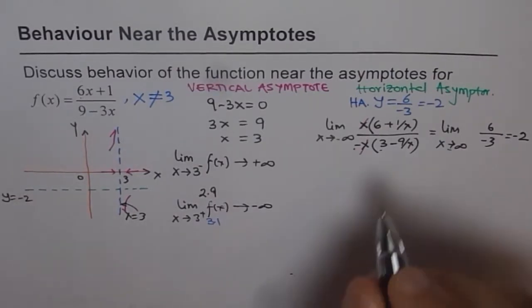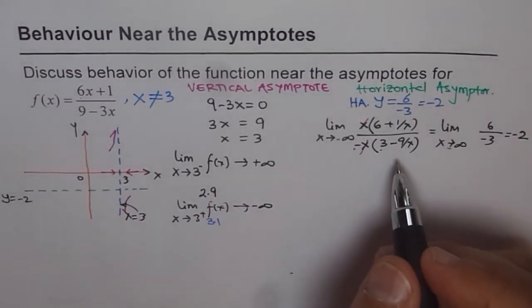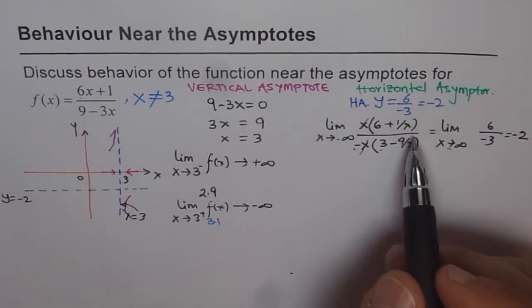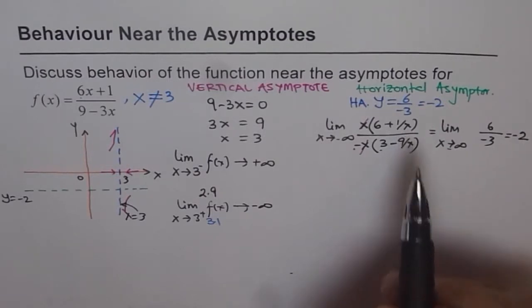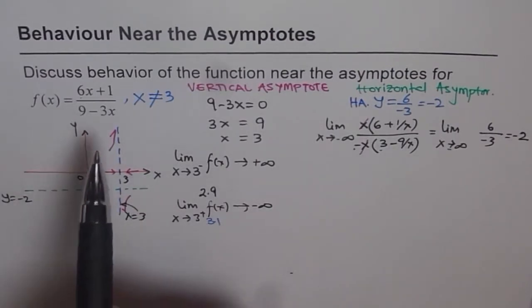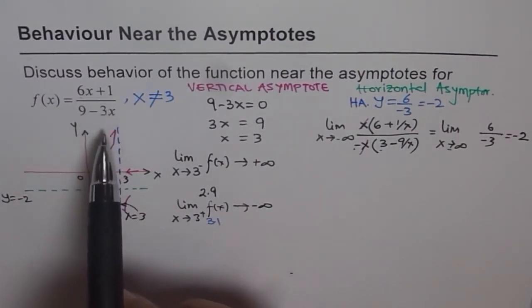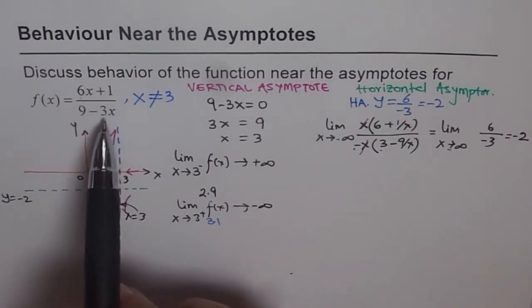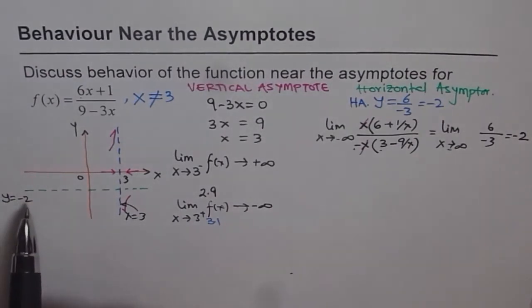So let's rewrite this function here and see, are we approaching it from the positive side or from the negative side? If x is a very large number, then we know 1 over x will be 0 and minus 9 over x will also be 0. So what we will do here is plug in a large number. You can use a calculator also. Plug in a large number and see whether your answer is minus 2 point something or minus 1 point something.